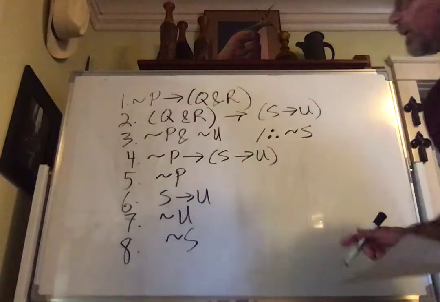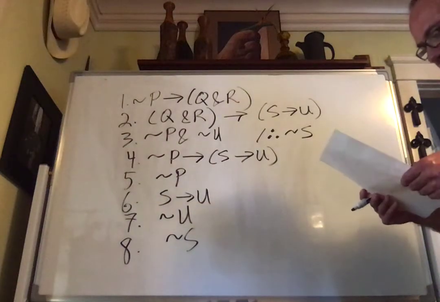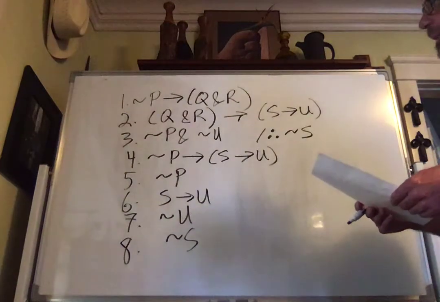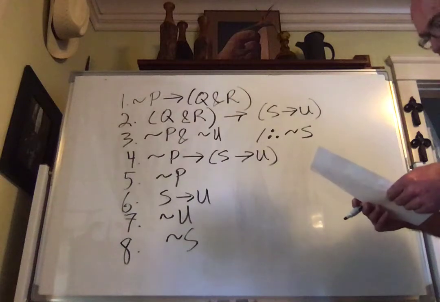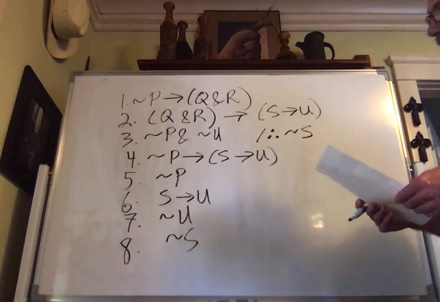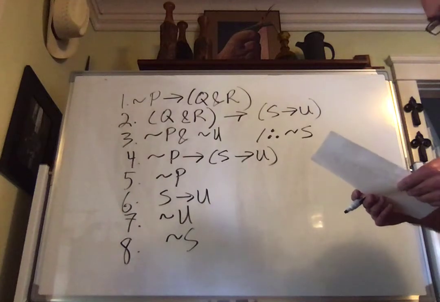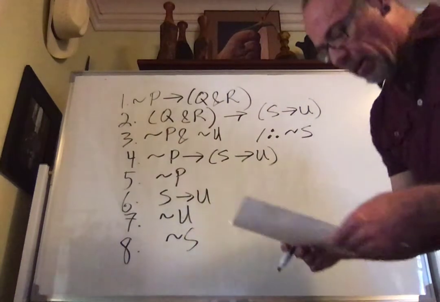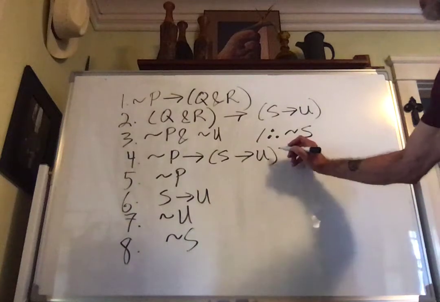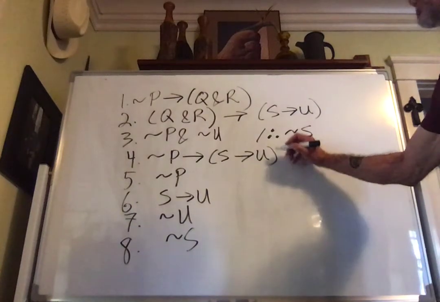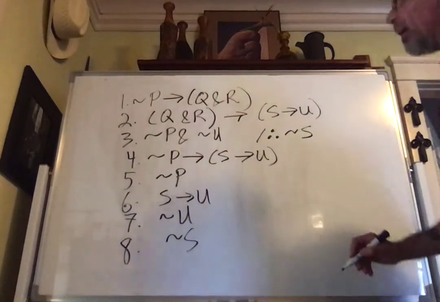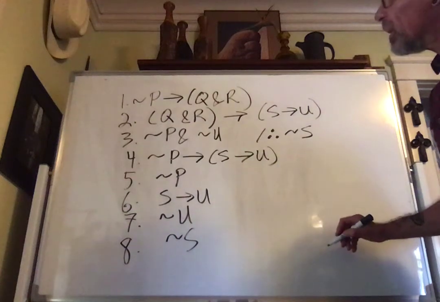All right, so here we are. Let me double check my copying to make sure I didn't make any errors there that could mess everything up. Nope, looks good. All right, so let's start then. Number 4 is the line where we start because 1, 2, and 3 are unsupported premises.